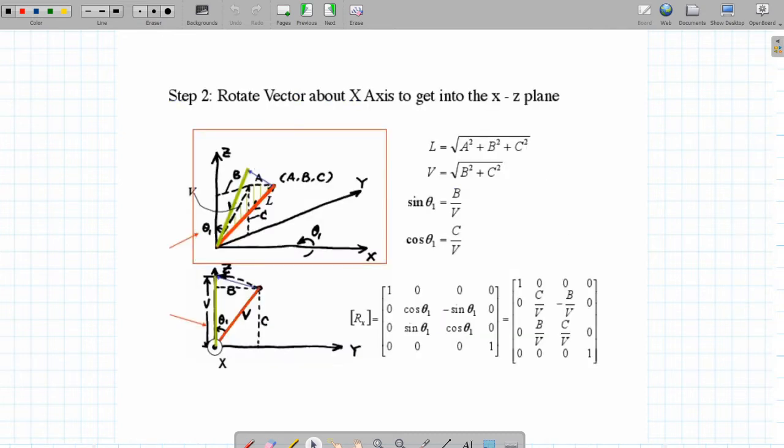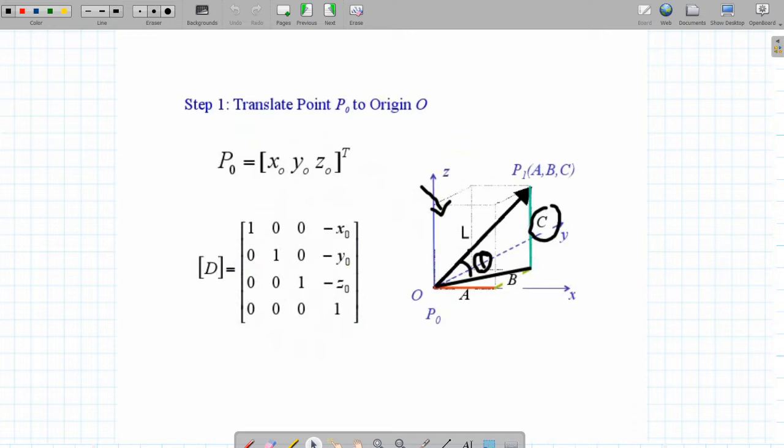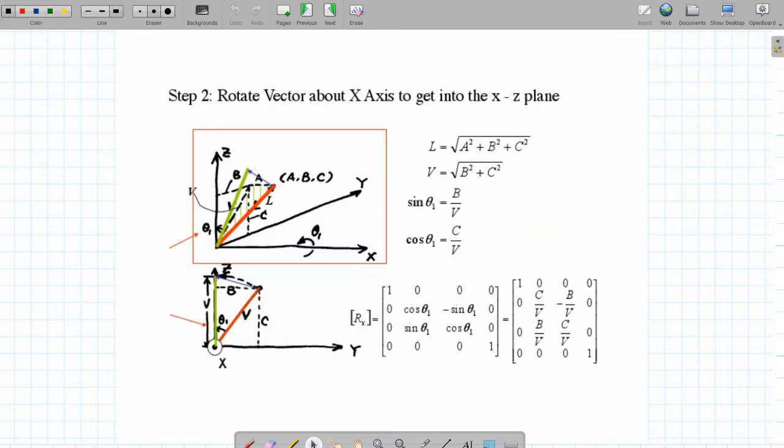Next, the diagram is not clear here. You have to rotate this line, which is now on your xy plane, by an angle, so that it gets aligned with the x-axis.